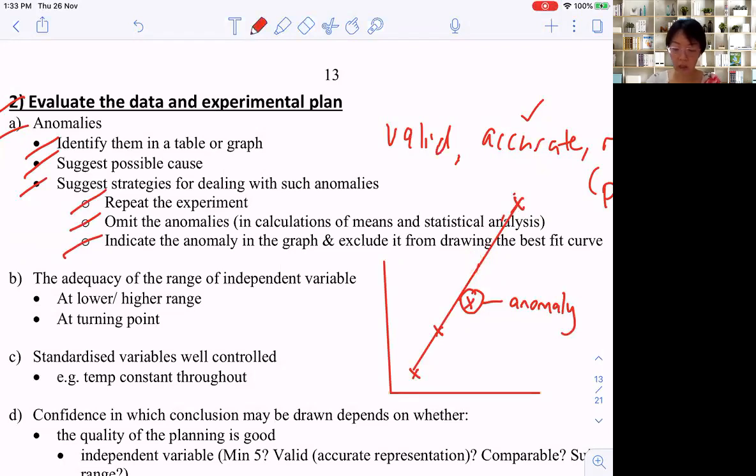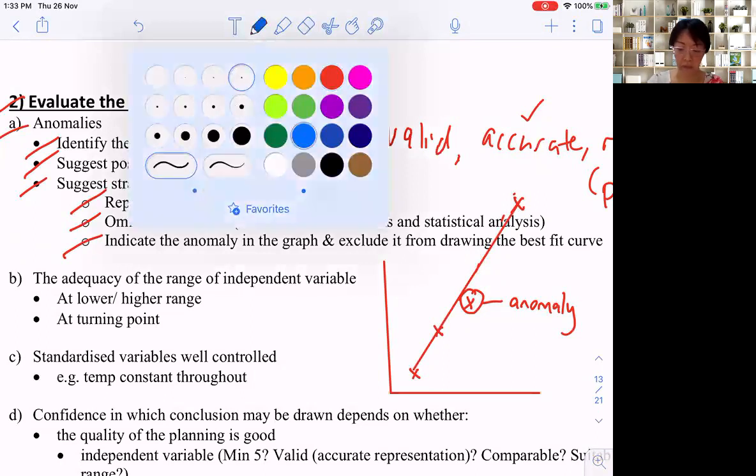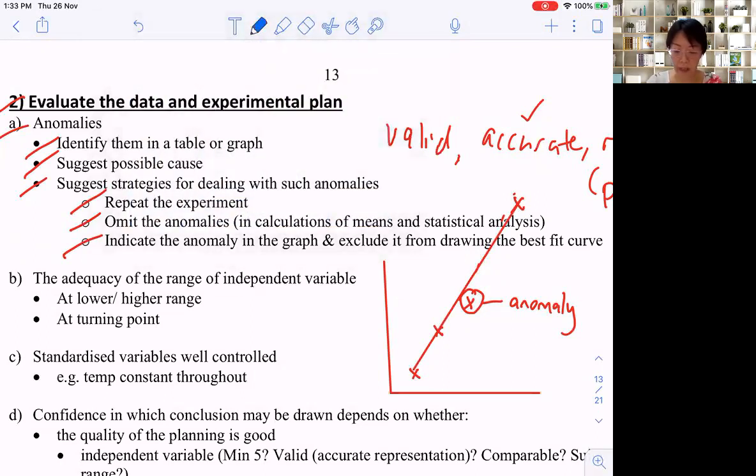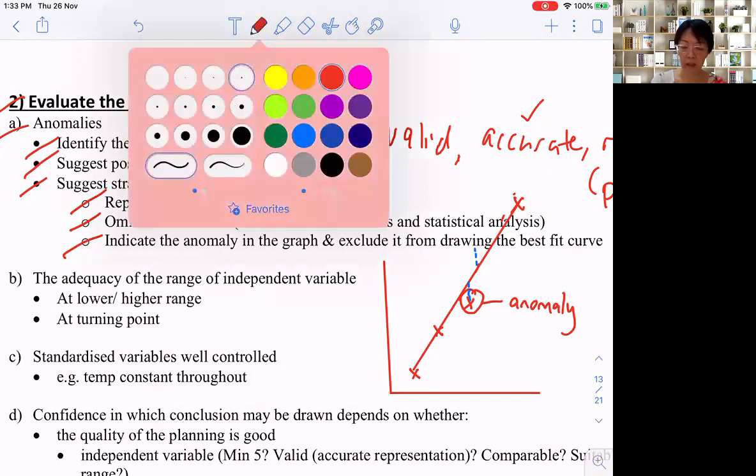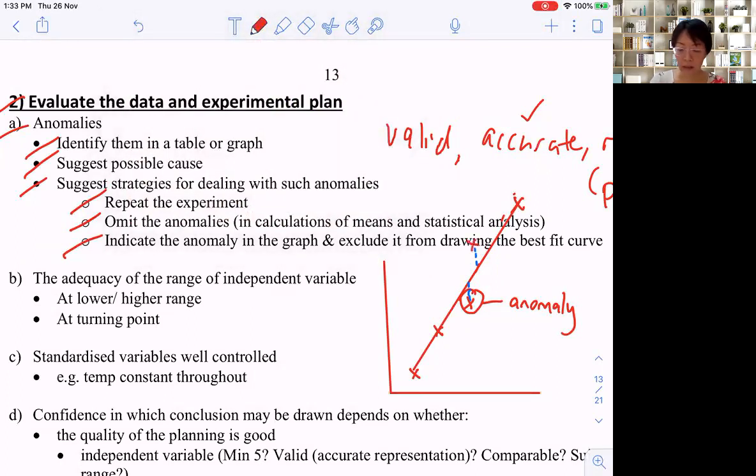So the distance of this anomaly from the best fit curve must be the same as the distance of this anomaly on top of the curve. Top and bottom must be the same distance. Then that's the best fit curve. So these two are anomalies.